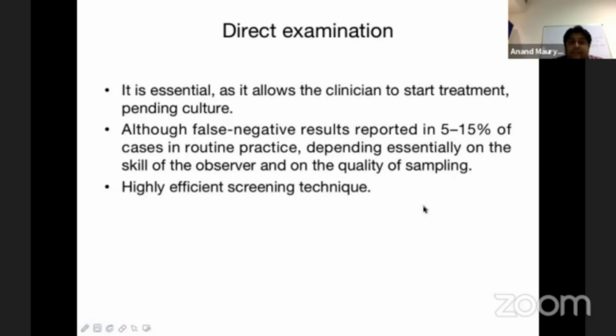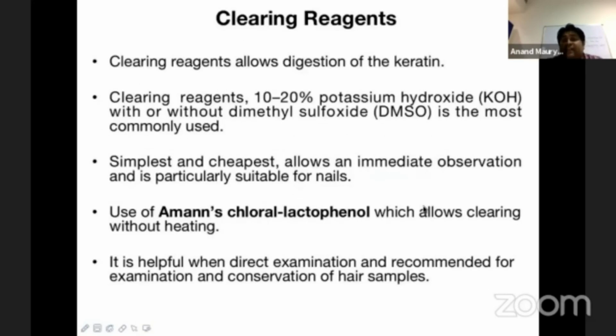Now there is the clearing agent. Correct visualization of fungal elements requires dissolution of the surrounding material, so these clearing agents digest the keratin. What are the clearing agents? There is 10 to 20% potassium hydroxide with or without dimethyl sulfoxide, called DMSO.